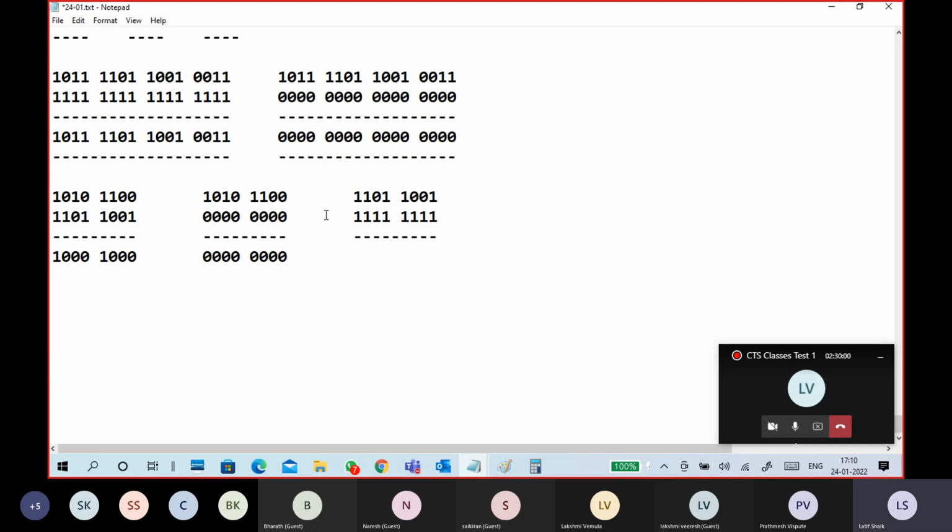Then the output is the same: 1 1 0 1 0 1 1 1, again 1 1 0 1 0 1 1 1. So if you look at this, both are the same.